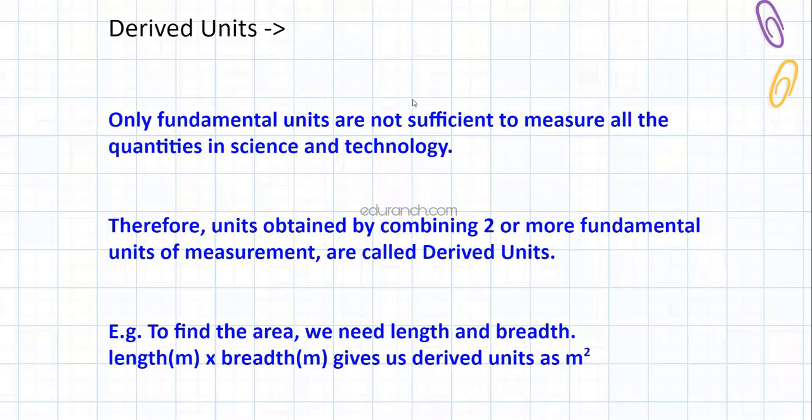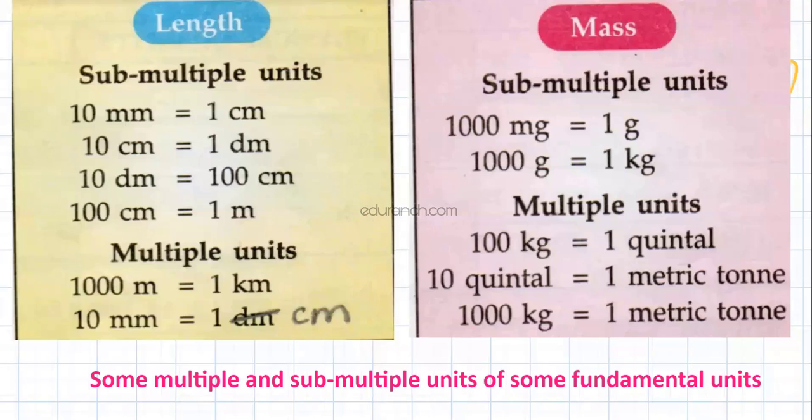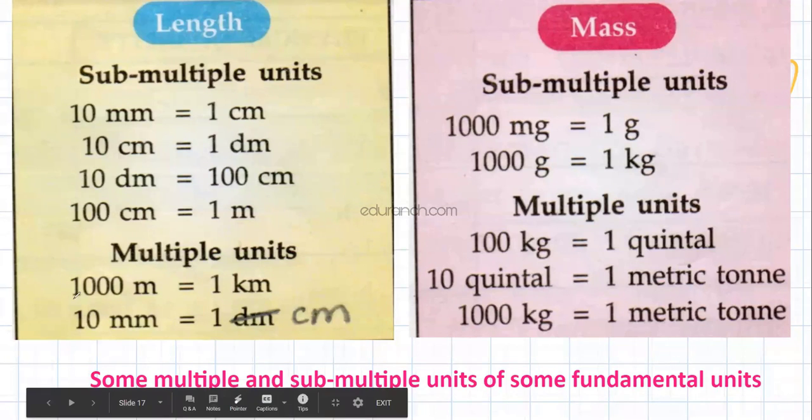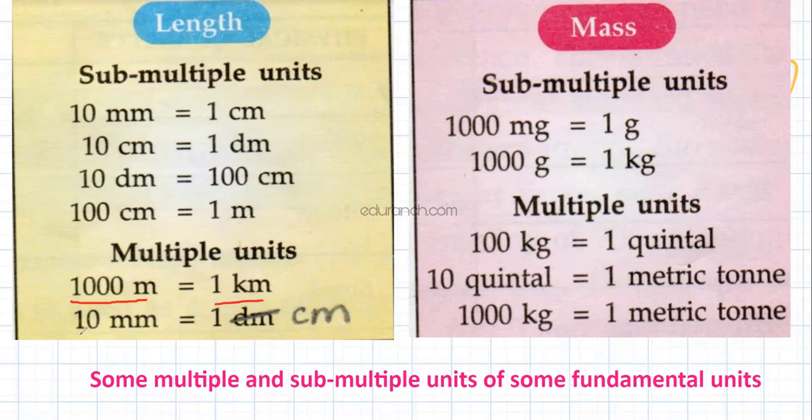In the same way, we have multiple units: 1000 meter equal to 1 kilometer.